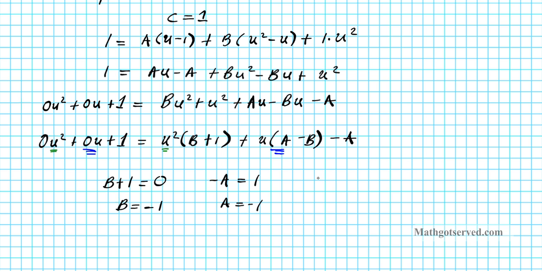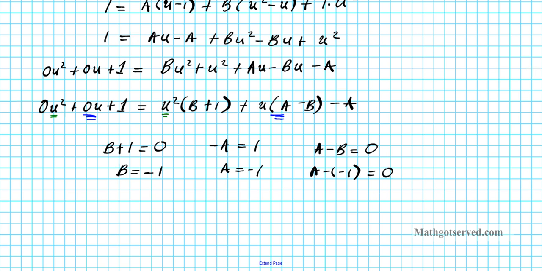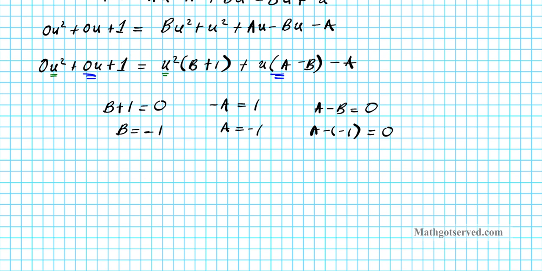Since the u's are equivalent, you just have a minus b equals 0. We know that b is negative 1, so I have a minus negative 1 equals 0, so a plus 1 equals 0, hence a equals negative 1. That's another, longer way of finding a.